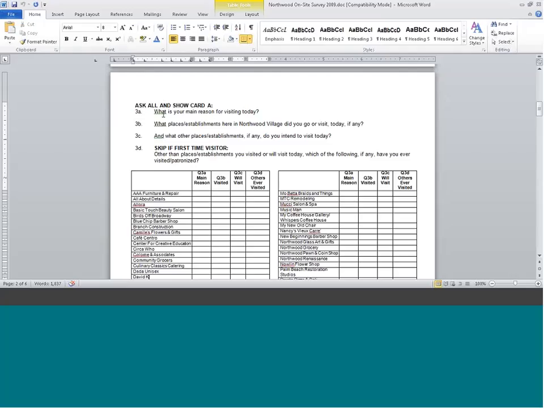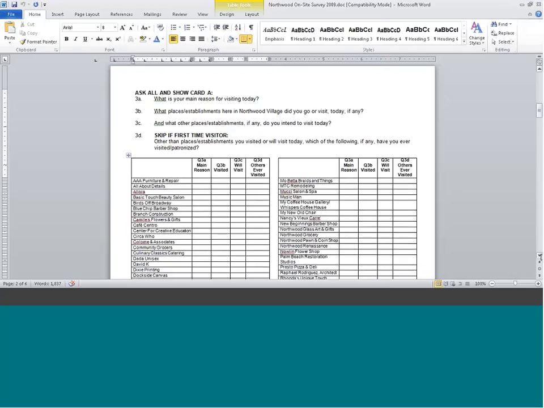So everybody gets what is the main reason for visiting today. Everybody gets 3B. Everybody gets 3C, but only the people that have been there before, so not first-time visitors, get 3D. Okay, and I'm sure you see that in there. And it makes sense, right, because it's saying, what have you done in the past? Well, if you're a first-time visitor, you've done nothing in the past there, right?